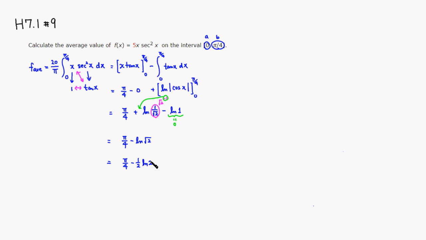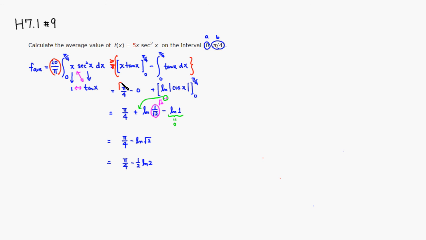Then I actually forgot something. You probably noticed that I have 20 over pi. So I need to multiply all these guys by 20 over pi.